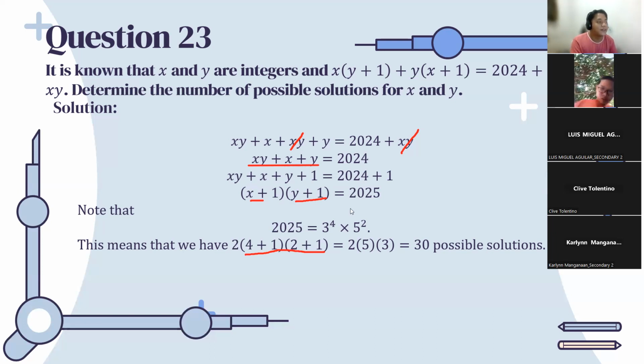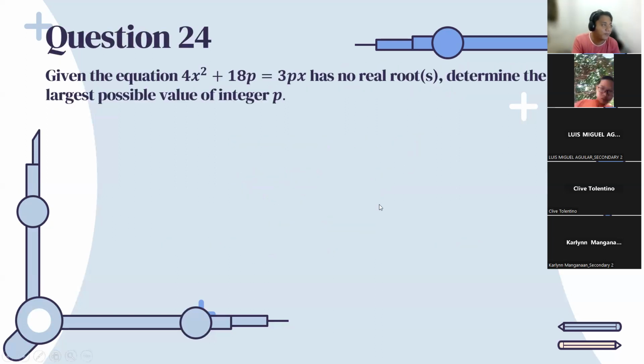Okay. So next one, number 24. Given the equation 4x squared plus 18p is equal to 3px has no real root or roots, determine the largest possible value of integer p. Okay, so what do we do here? Use the discriminant.